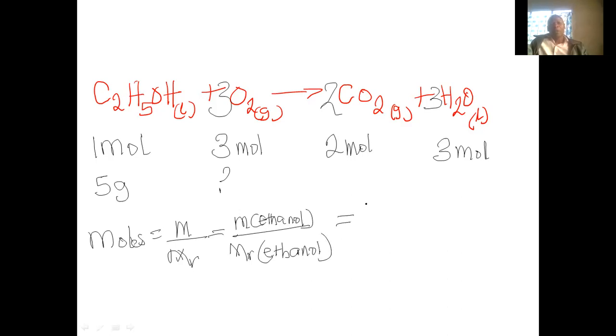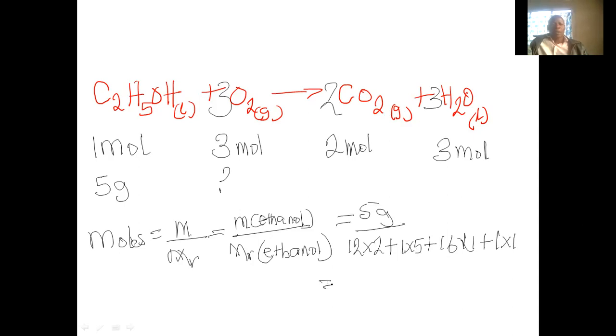We have been told there are 5 grams, divided by the molar mass: carbon has 12 multiplied by 2, plus hydrogen 1 multiplied by 5, plus oxygen 16 times 1 atom, plus 1 hydrogen atom multiplied by 1.